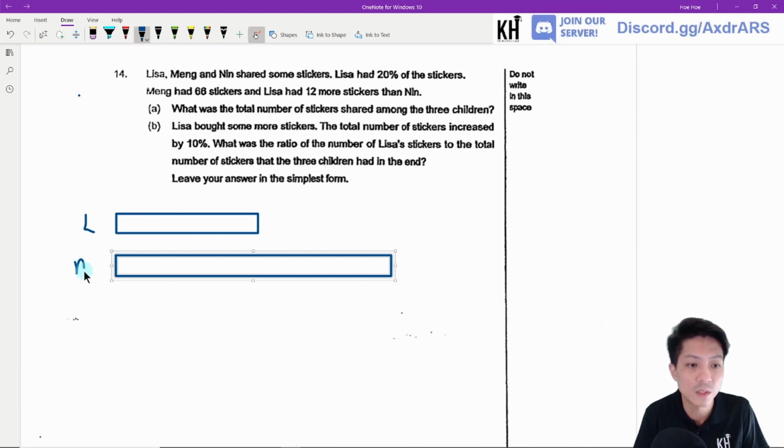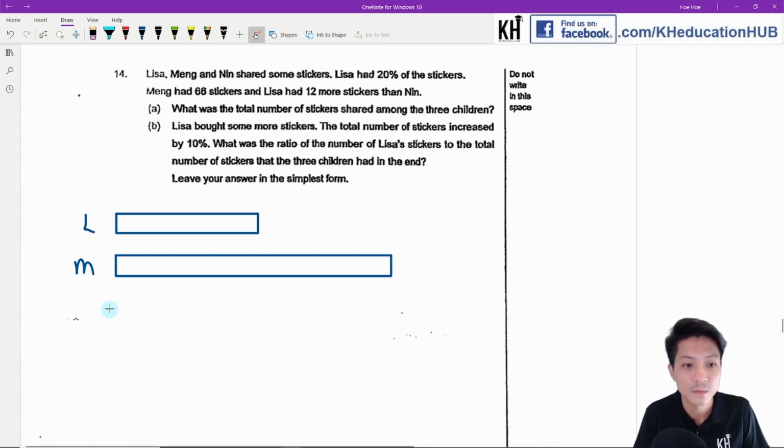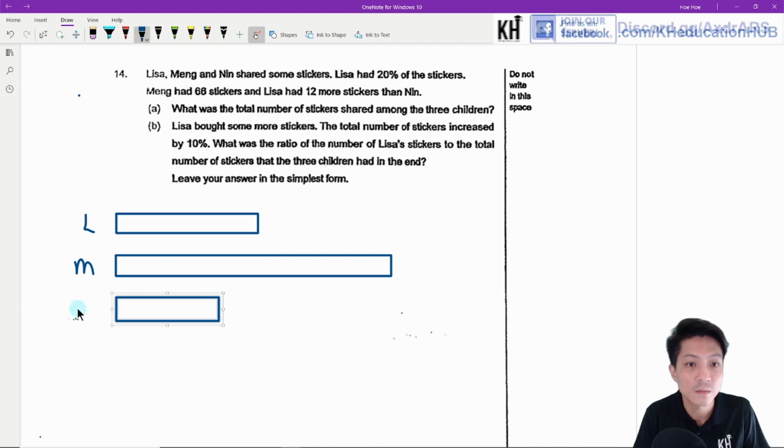Okay, so this will be Ming. Okay, Nin will be smaller than Lisa. Okay, so there is a 12 here.